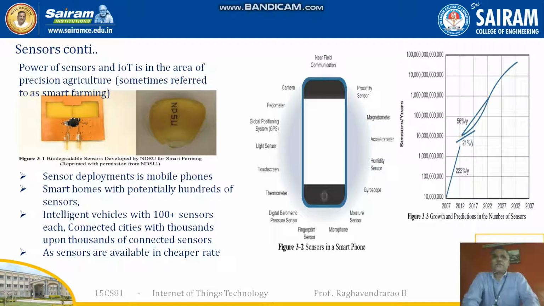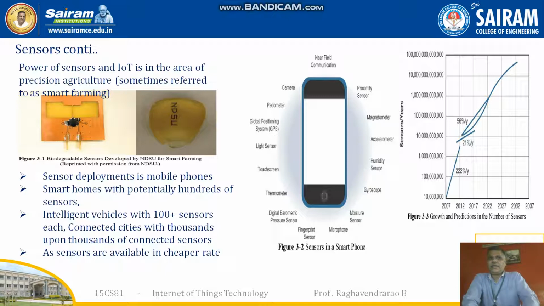These sensors are also developed for mobile phones. Then smart homes can potentially have hundreds of sensors available. Then intelligent vehicles with hundreds of sensors, and cities with thousands of connected sensors.